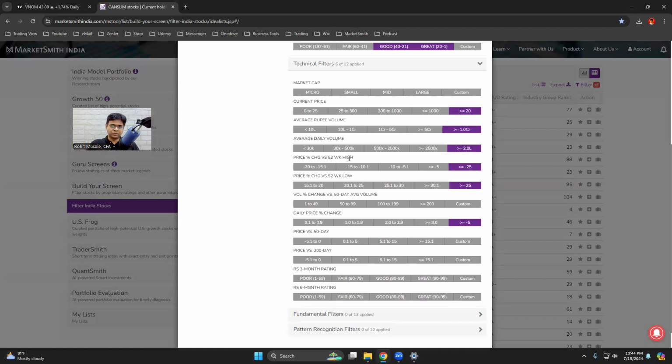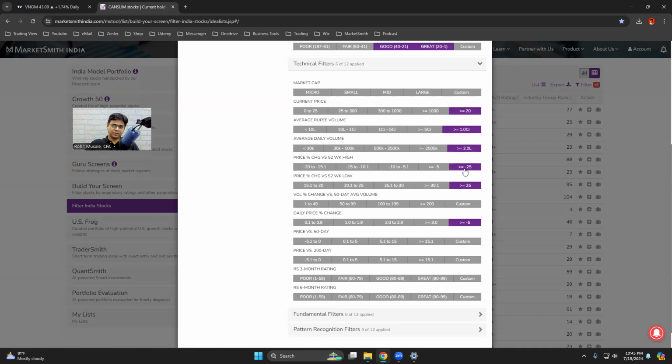Then comes price versus 52-week high. This is minus 25. It means that the stock is near its 52-week high, but it is not more than 25% below the 52-week high. I only want to look at stocks which are near their 52-week high and not more than 25% below it.